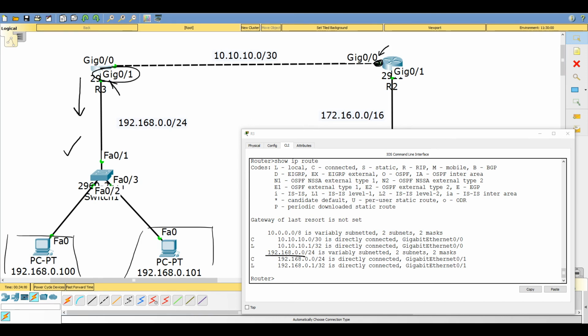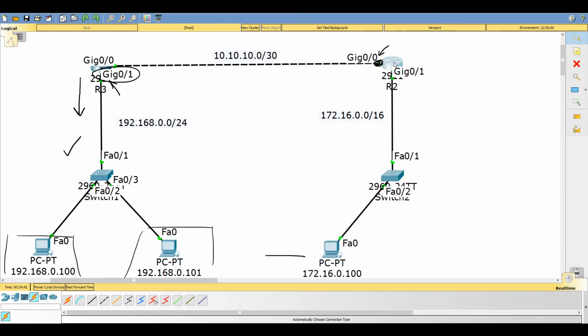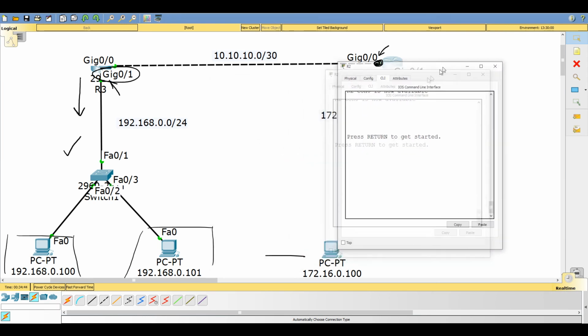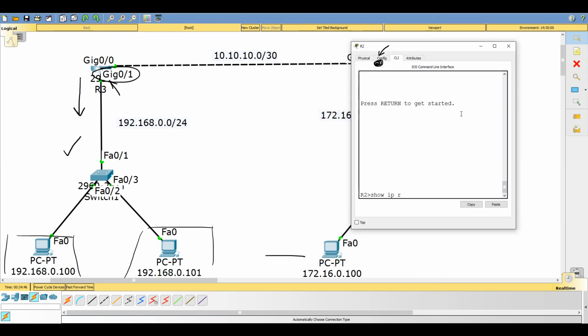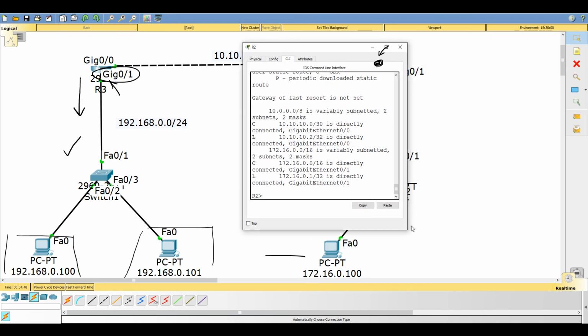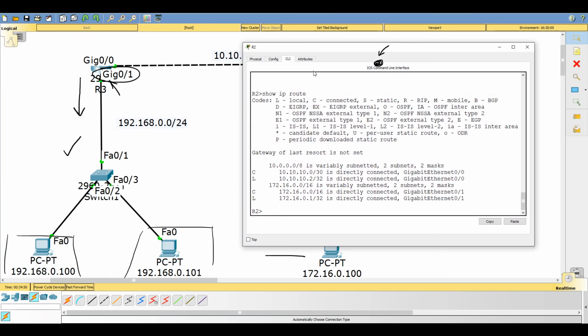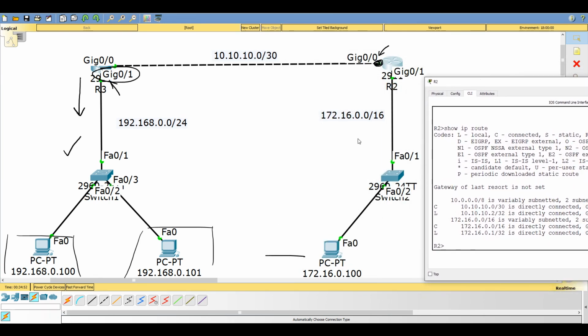If we were to look at the other router in the network, this one up here, and look at its routing table, we would see some similarities in its reachability. It too will be able to communicate with PCs in its network and across to this interface on the other router, but no further.